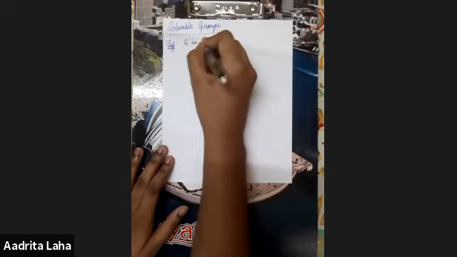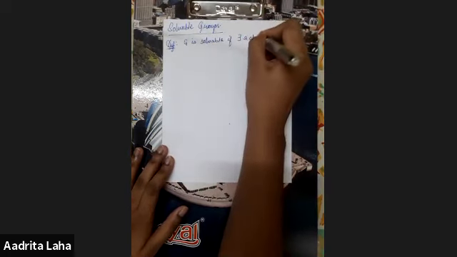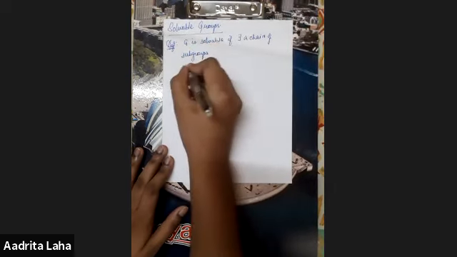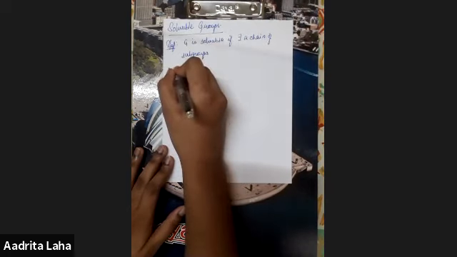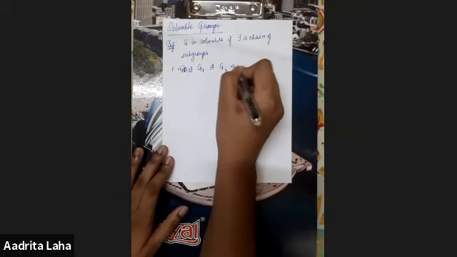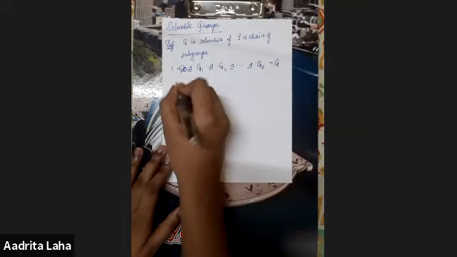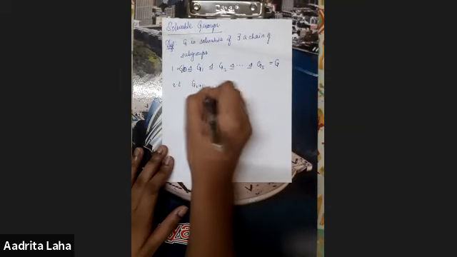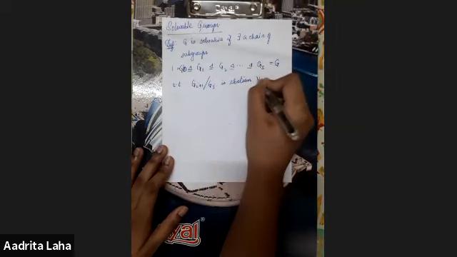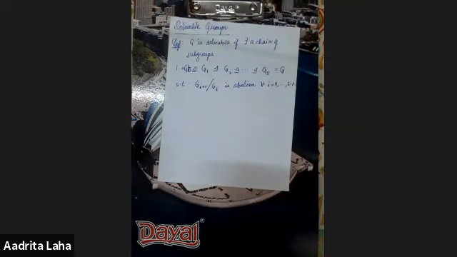The group G is solvable if there exists a chain of subgroups of the form 1 equal to G_0 ⊂ G_1 ⊂ G_2 up to G_s equal to G, such that G_{i+1}/G_i is abelian for all i equal to 0 to s minus 1. So this is called the solvability of groups.